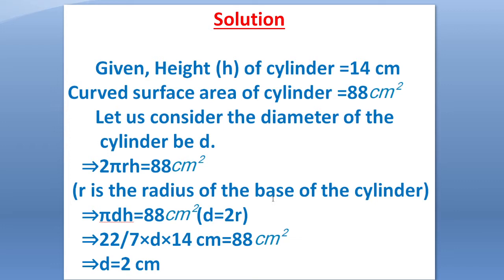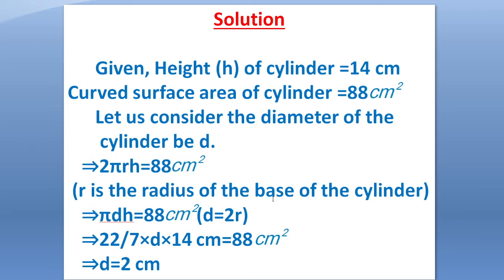Okay, let us consider the diameter of the cylinder as d. So 2 pi rh is equal to 88 centimeter square, where r is the radius of the base of the cylinder.